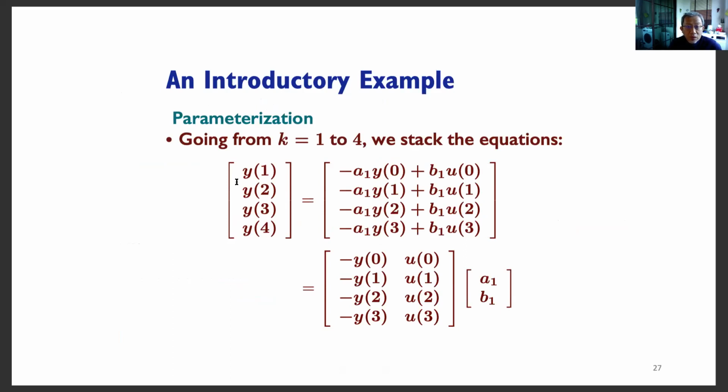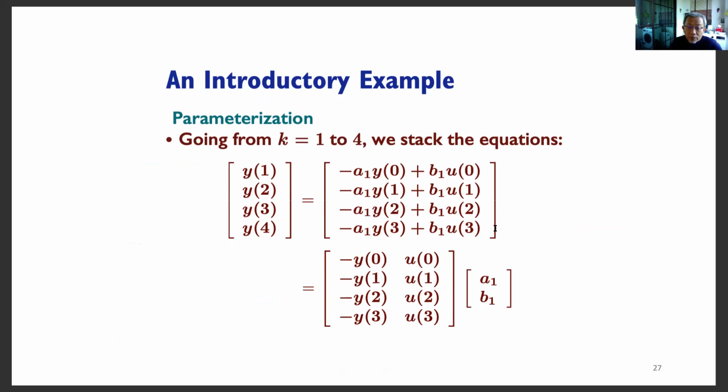Going from K equals 1 to 4, we stack the equations as follows: Y1, Y2, Y3, and Y4, equal to minus A1 times Y0, Y1, Y2, Y3, plus B1 times U0 until U3. Then this is equivalent to minus Y and U multiplied by A1 and B1. We factorize the A1 and B1 out from the equations.